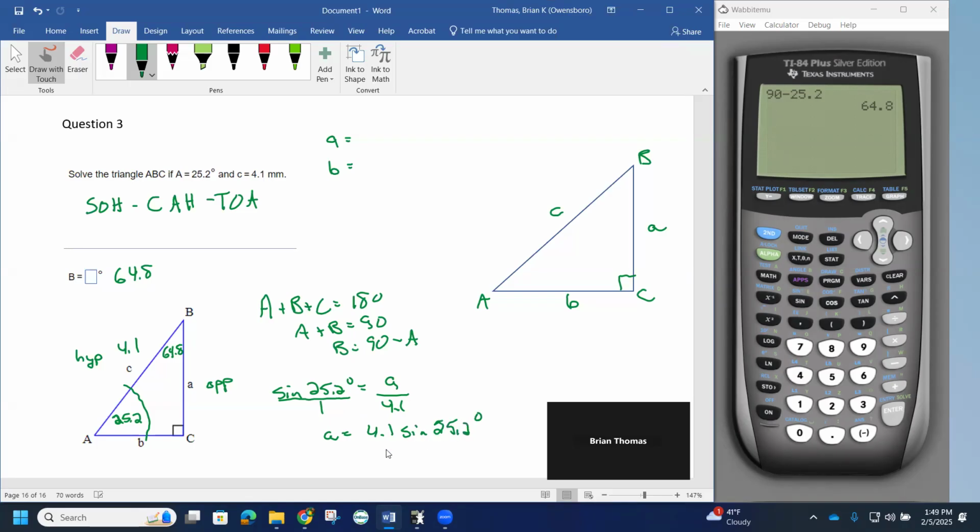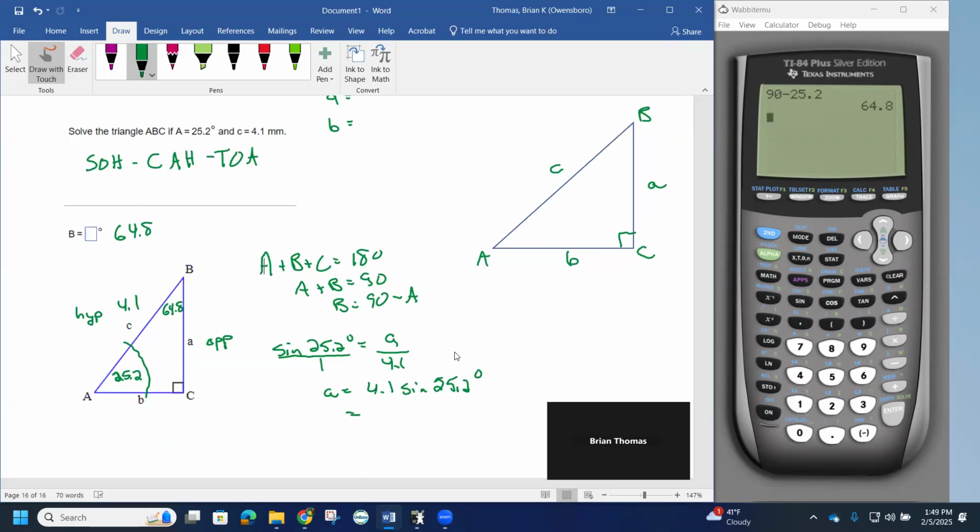If I do that math there, it'll give me the value of A. So if I go 4.1 times the sine of 25.2 and hit enter, I get this answer.